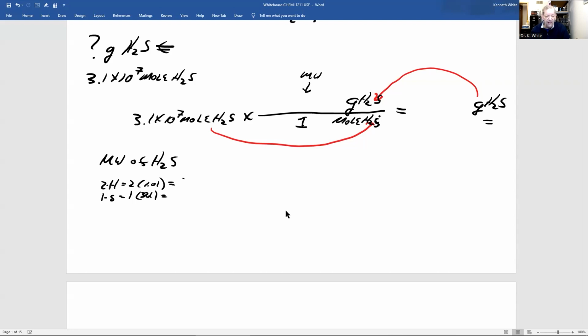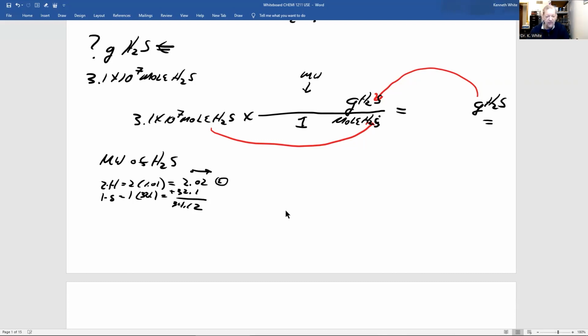So the sum of all atomic weights, I'll add this up. I get this. Now, remember, you get the same number of significant figures to the right of the decimal as the number that has the fewest significant figures you're adding to the right of the decimal.